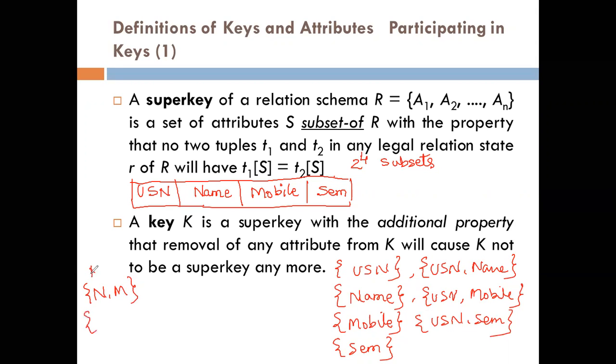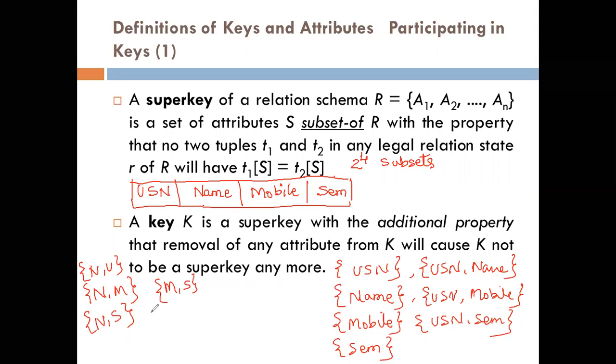Before that, name and USN is already present over there. So name and semester. Then if we consider mobile, mobile and name is already there, mobile and USN is also there, so we are left with mobile and semester. So two attributes, another set.